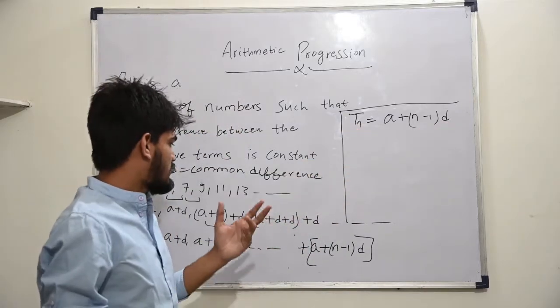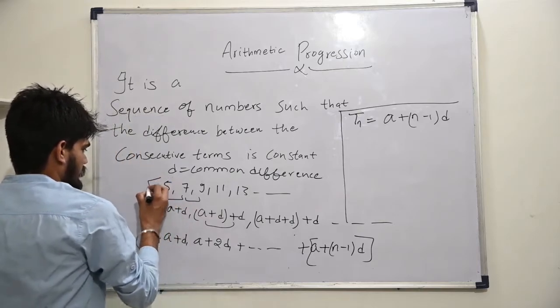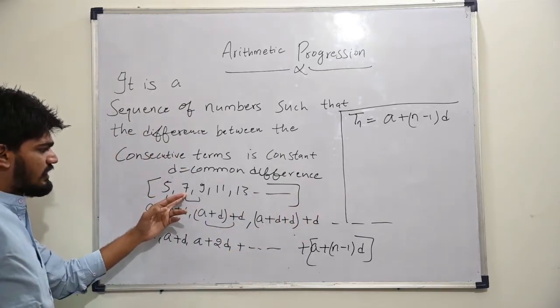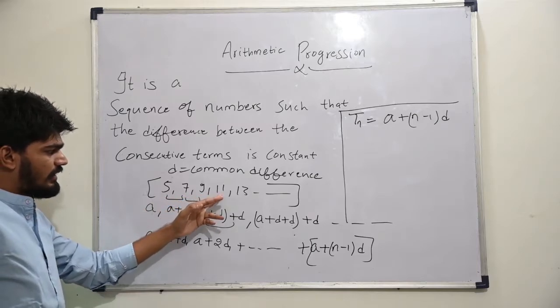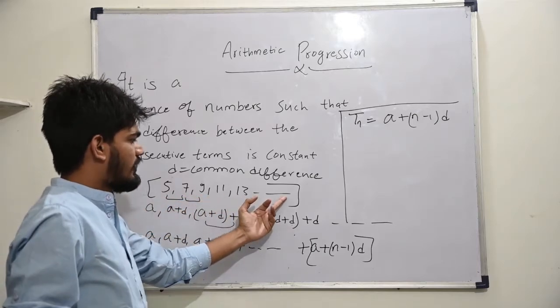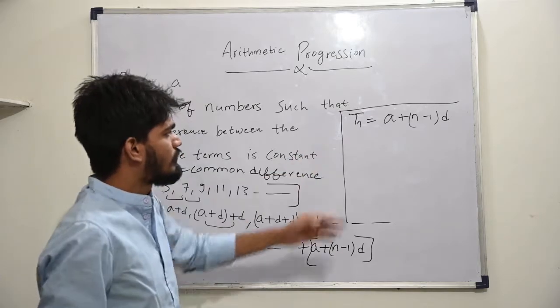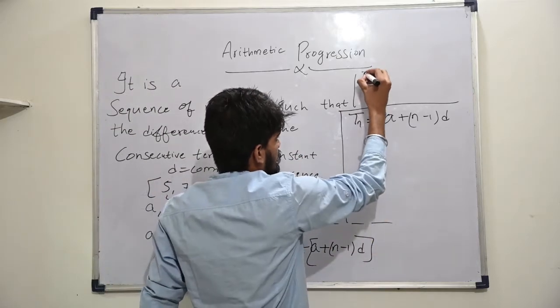So we have this sequence given. 5 is the first term, 7 is the second term, 9 is the third term, 11 is the fourth term. Same way, if you want to find out the 10th term, we can easily find it. How? We just have to put in the formula.